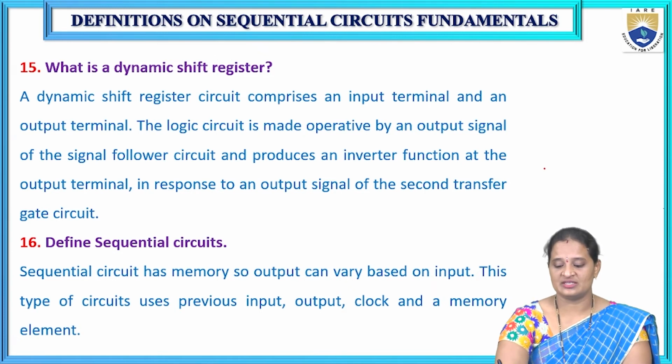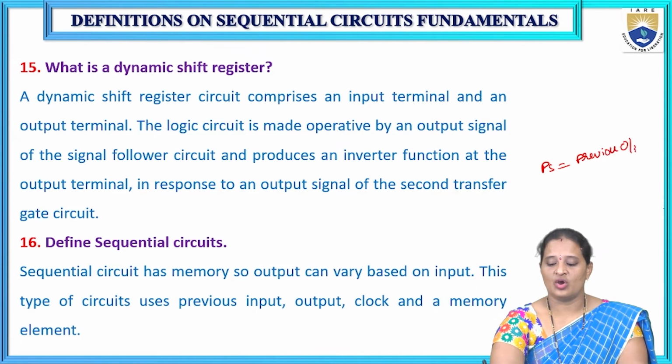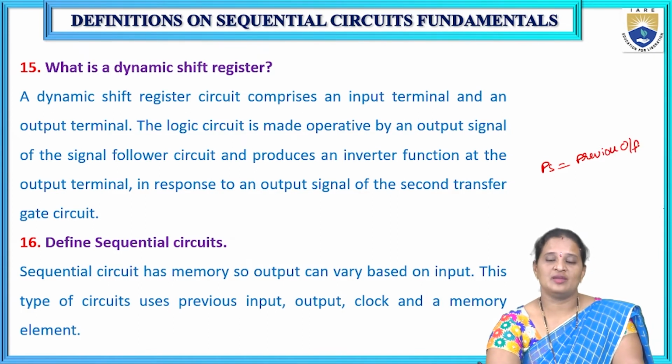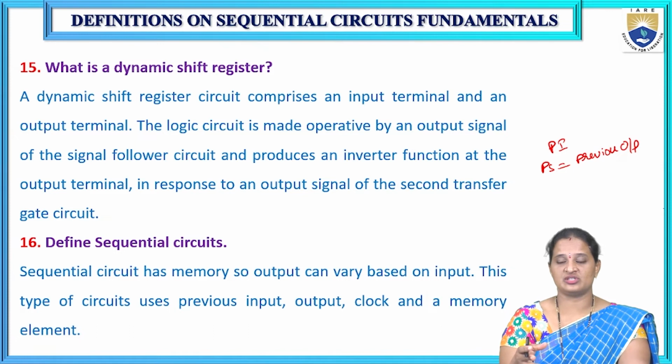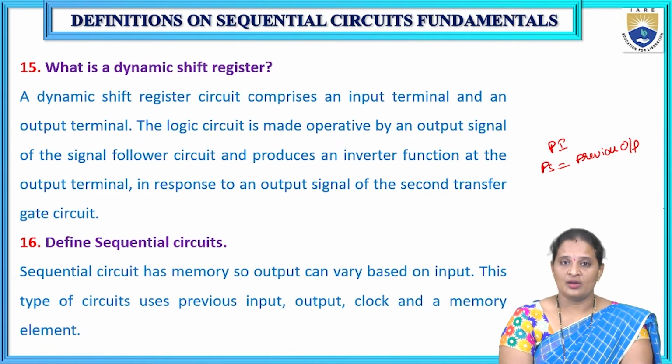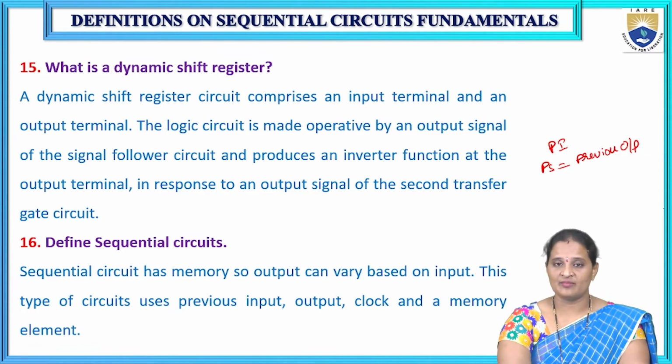So the output of a circuit depends both on the present input, that is whatever input is applied to the sequential circuit at that instant of time, and also on the state a clock cycle before that input is applied, which is the previous state or previous output of the circuit.